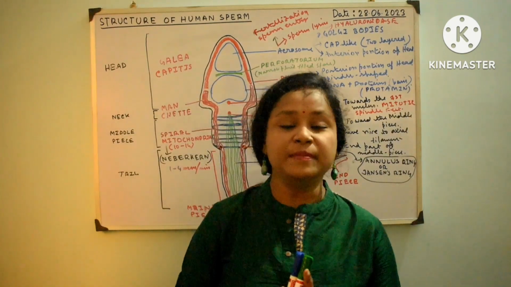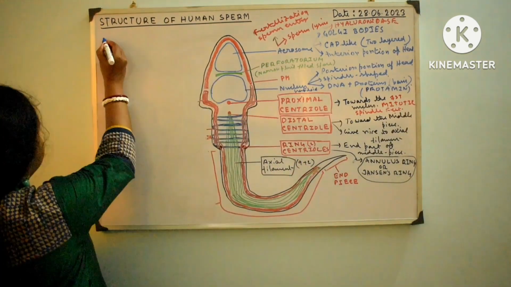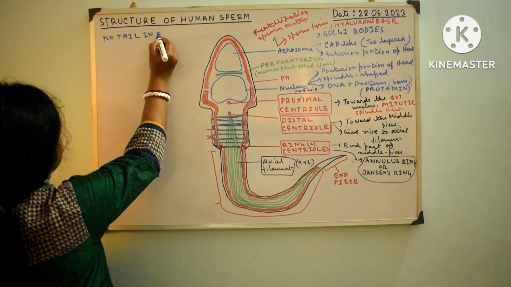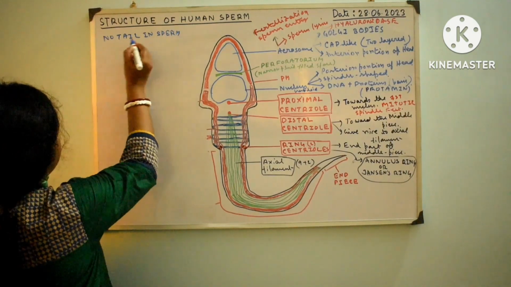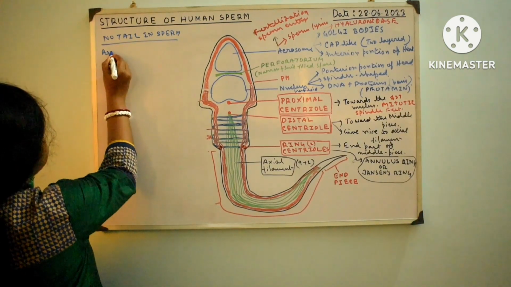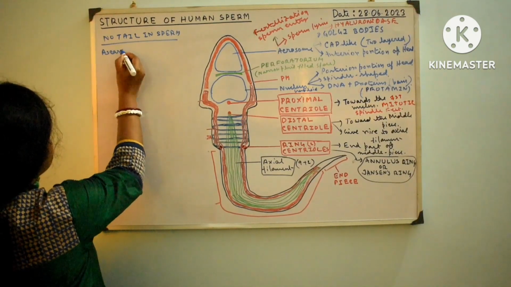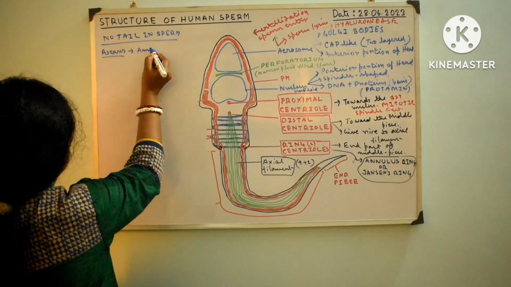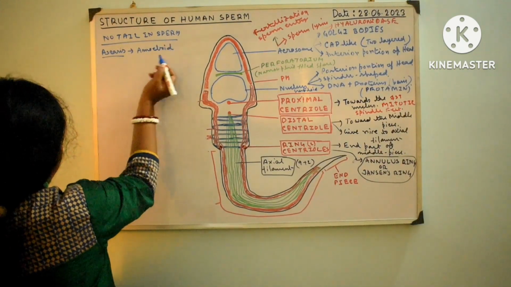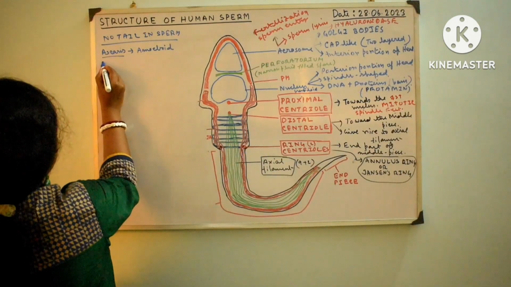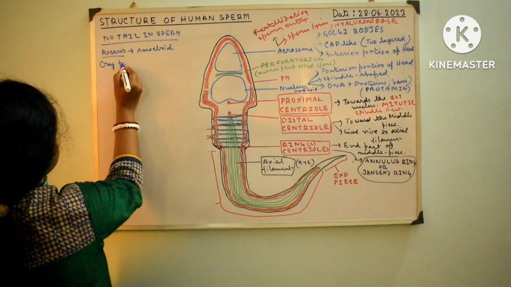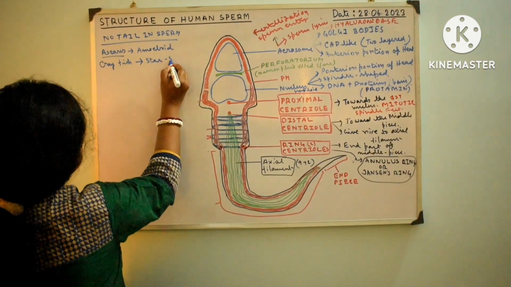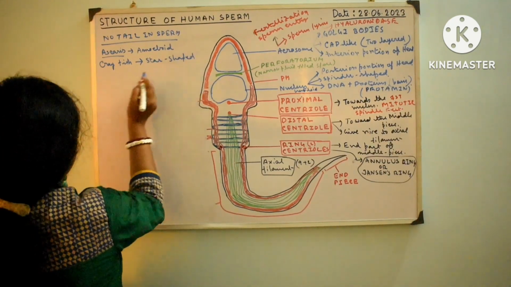Not all sperm has this tail structure. Some animals have no tail in their sperm. Ascaris has amoeboid sperm. Crayfish has star shaped sperm.